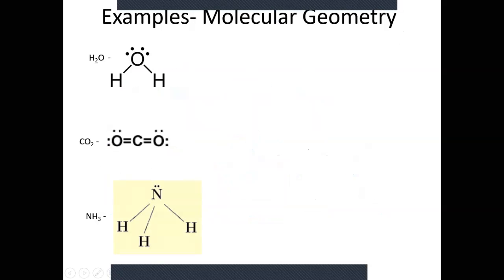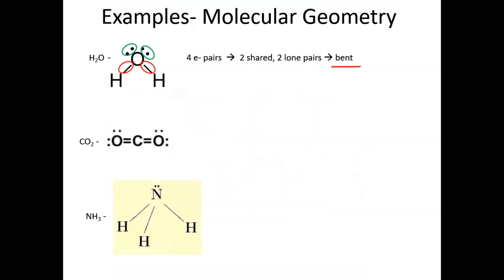So for water, H2O, we looked at it earlier. Here you'll notice it has 2 lone pairs and 2 bonding pairs. So its molecular geometry is bent. Next we have CO2. CO2 has 2 bonding pairs. They're both shared pairs, so the molecular geometry is linear.